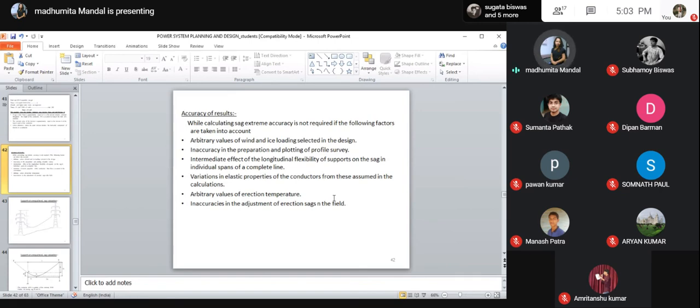Due to temperature variation the length will vary. So we also have to consider all of these.